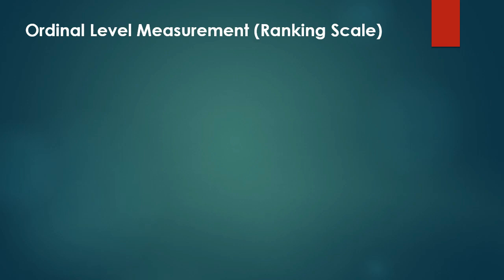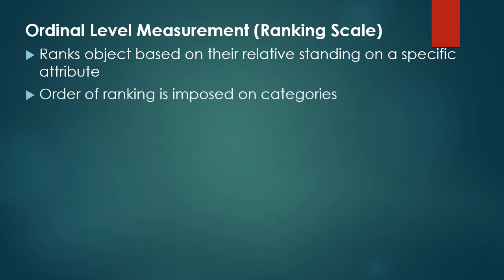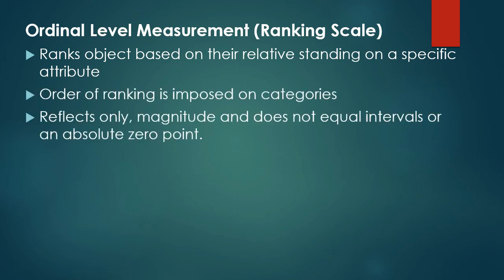Next, we'll see ordinal level measurement, also known as the ranking scale. Ordinal measurements rank objects based on their relative standing on a specific attribute. Order of ranking is imposed on categories. It reflects only magnitude and does not have equal intervals or an absolute zero point.